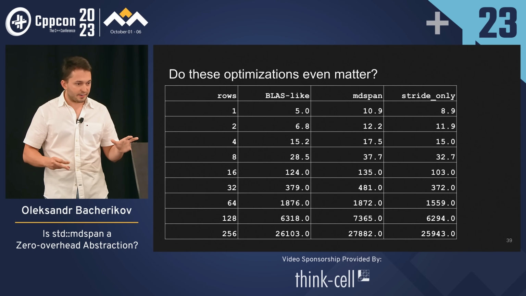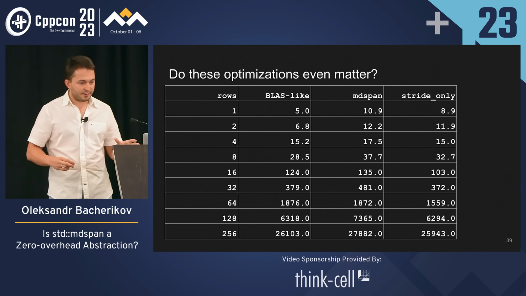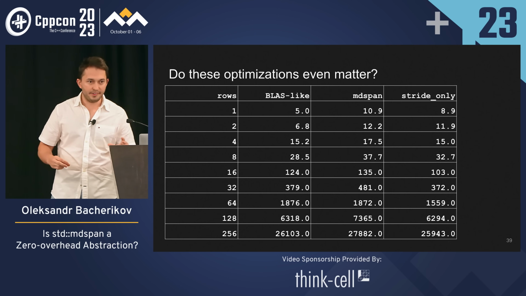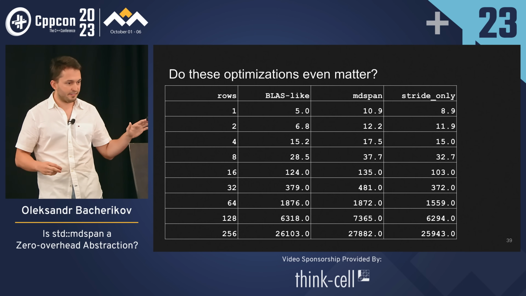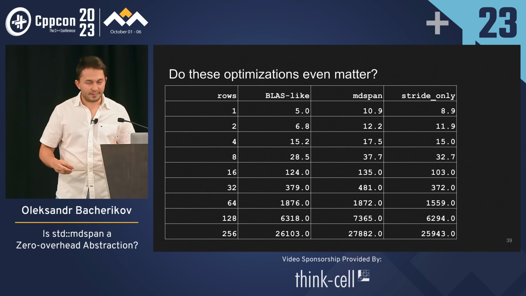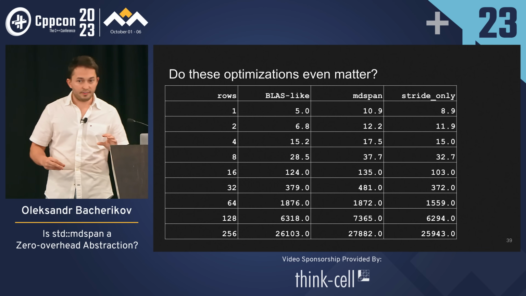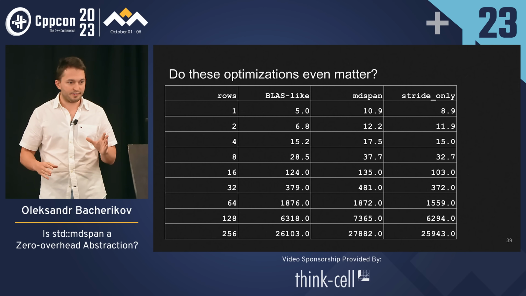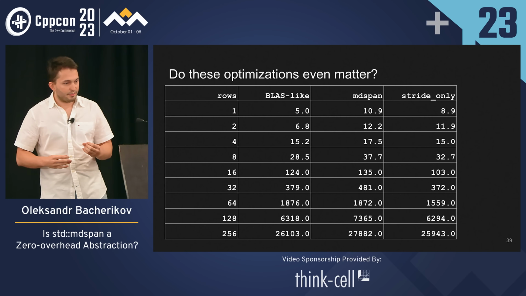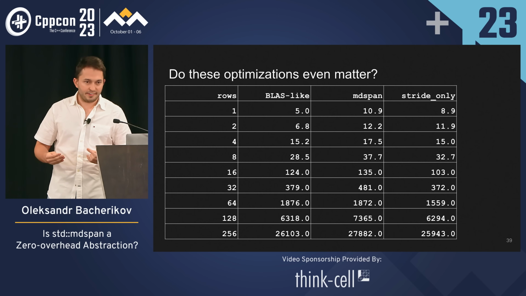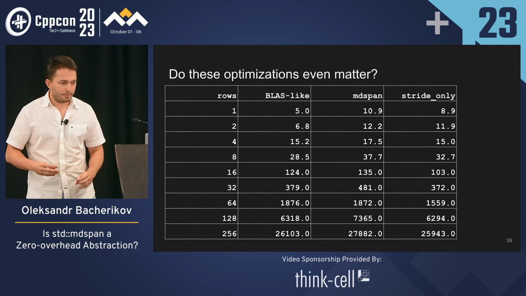But yeah, the results are quite unstable, but on average, it feels like they're almost the same. Maybe mdspan has a bit of overhead. I just took one run, so there are outliers. But for smaller sizes, there's definitely consistent overhead, because we do more instructions and very few computations.